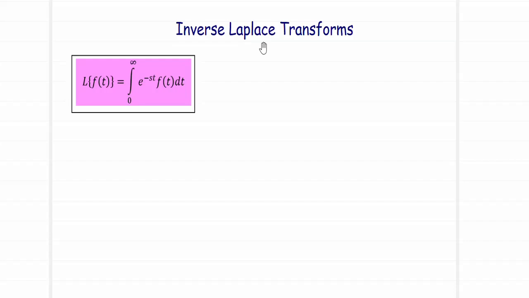So what do we mean by reverse function? Suppose after we compute this Laplace, we will be getting a function of s, because all our t will be eliminated. We will be substituting the limit for t, and what is left out is going to be a function of s. So I can say that Laplace of my function f of t is going to be some function f of s.